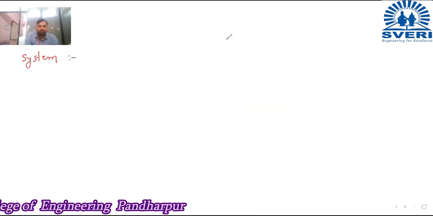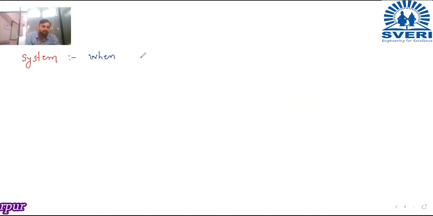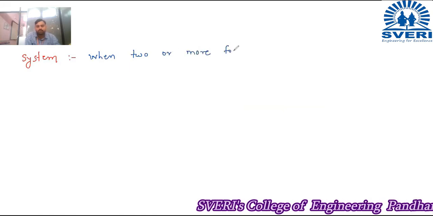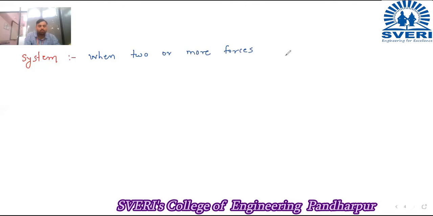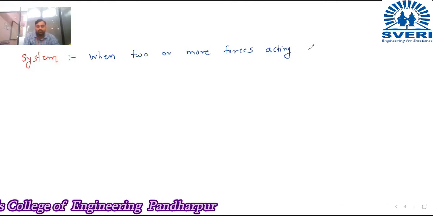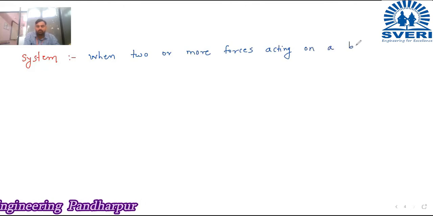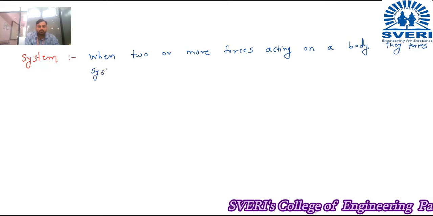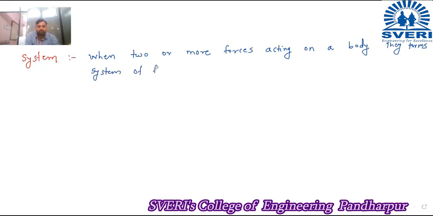System, we can define it as, it is very easy, you can write it with me, you will understand while you are writing: when two or more forces acting on a body, they form a system of forces.